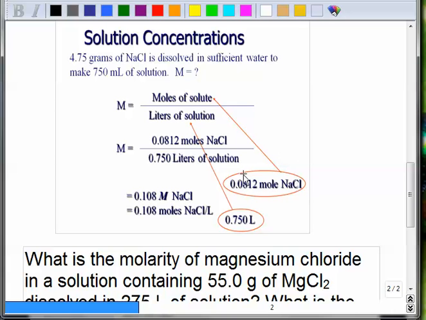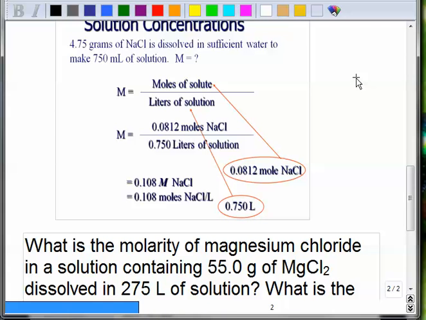Now, because this is an ionic compound, we know that for every 1 mole of sodium chloride, we have 1 mole of sodium ions and 1 mole of chloride ions. It's often also useful to express the concentration of each of the ions in solution. In this case, it's relatively straightforward because the moles of each of the ions is the same as the moles of our compound.